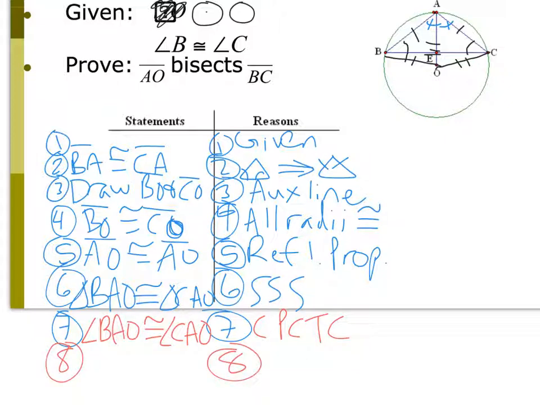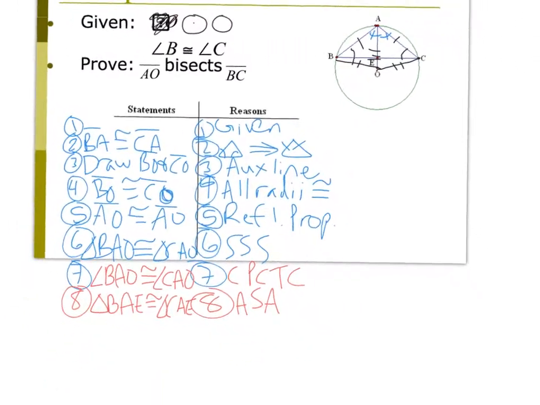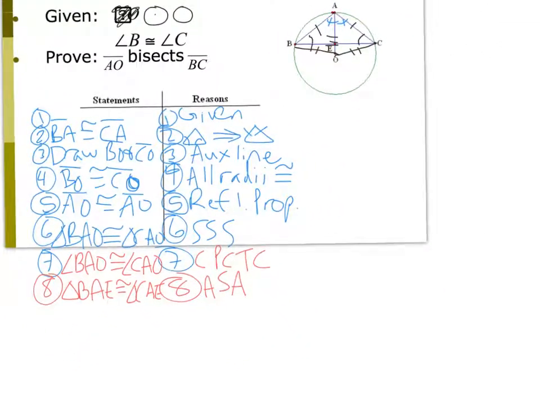So I've got triangle BAE congruent to triangle CAE. And that is by angle, side, angle. Need a little more room. All right.